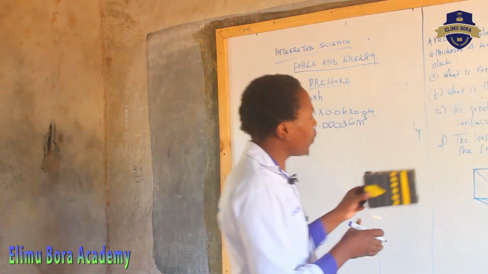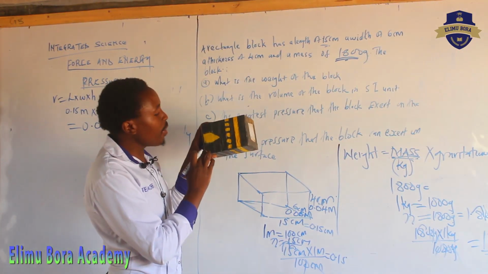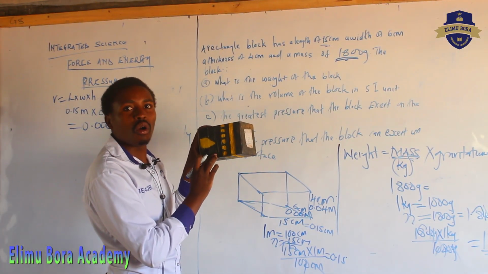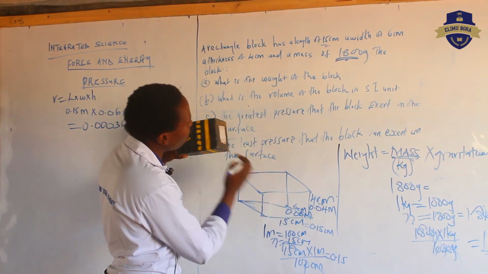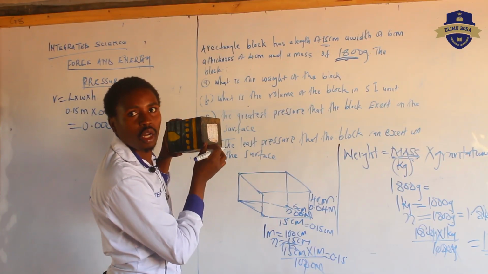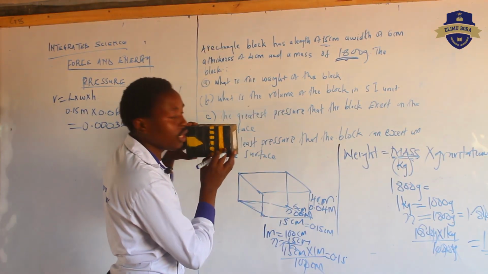So when you're determining this pressure on this box, remember here you have 0.15, and the width side we have 0.06, and the height is 0.04.